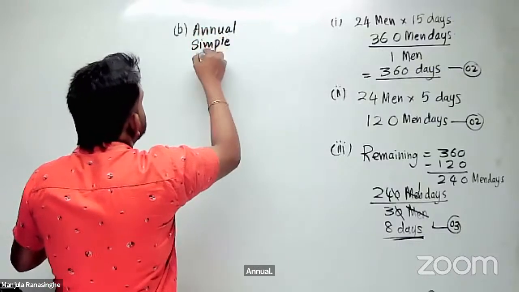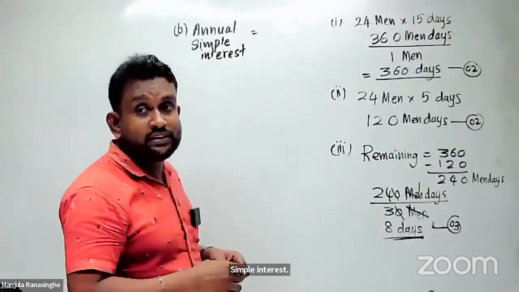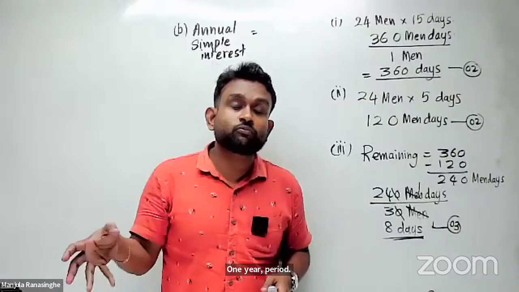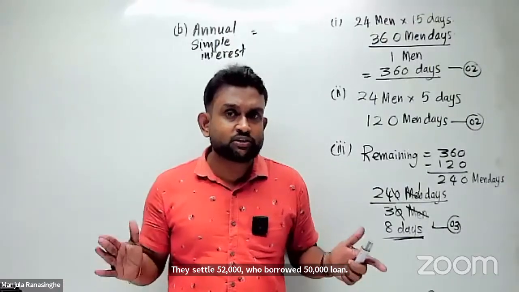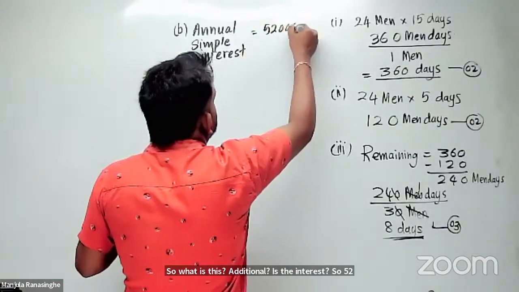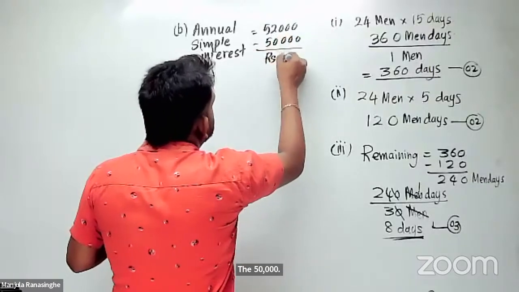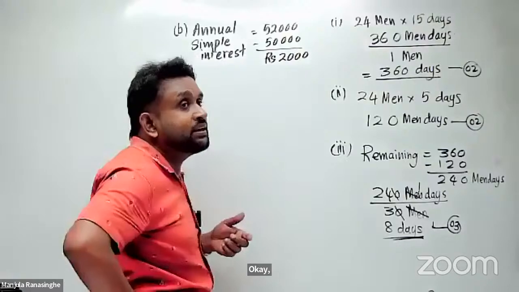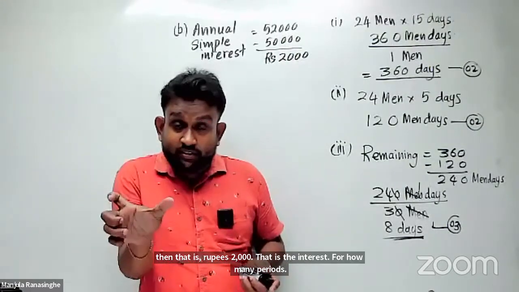How to find the annual simple interest? After 1 year, they settled 52,000 who borrowed a 50,000 loan. So what is this additional? Additional is the interest. So 52,000 subtract 50,000, that is rupees 2,000. That is the interest for how many periods? 1 year period, right? So that is the interest per year.